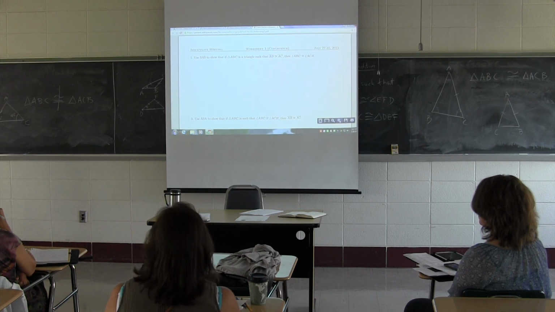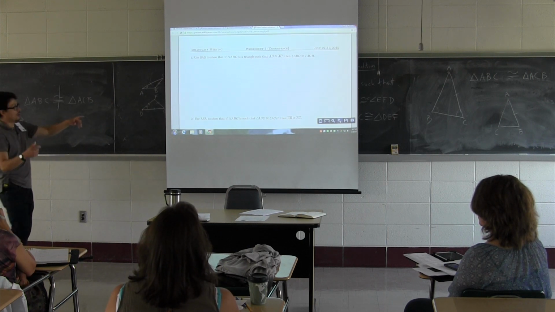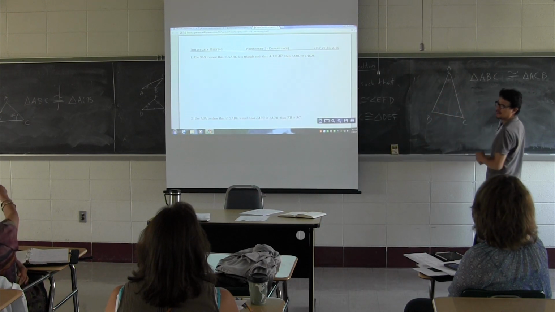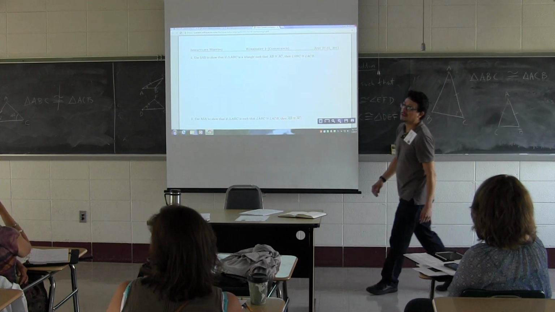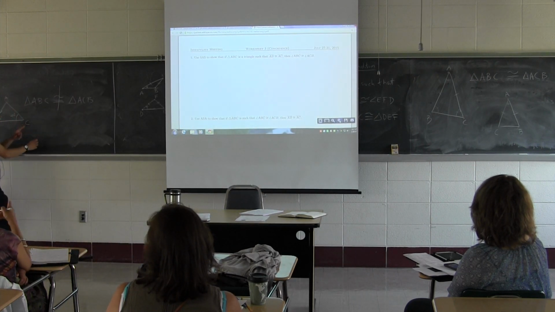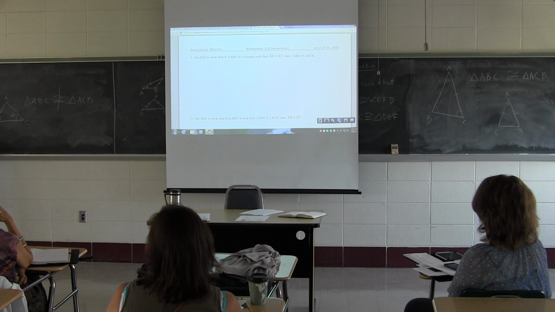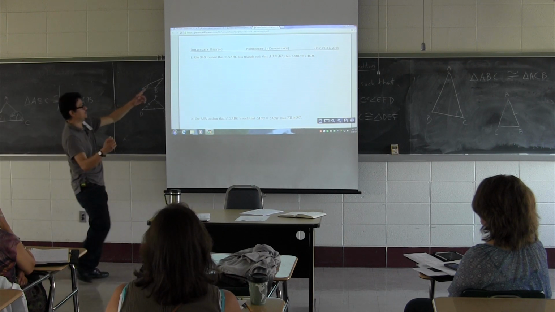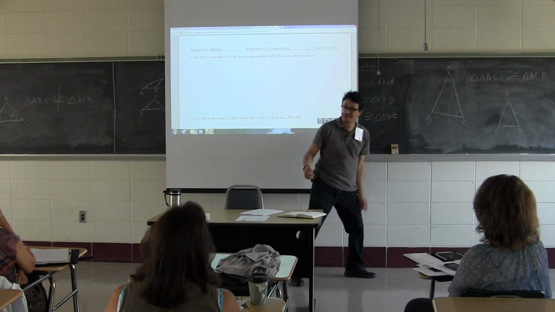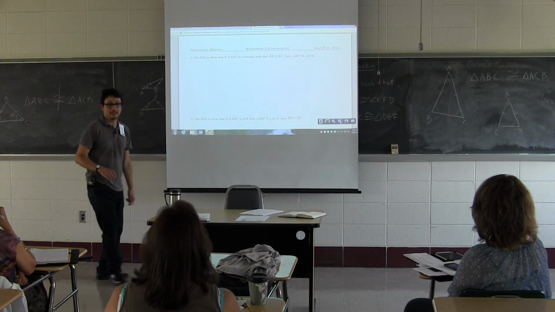So we want A to be the fixed one, because we know that both triangles have the same angle A here. But this is not true in that one, because these angles are different here, right? So it happens they're going to be equal, right?